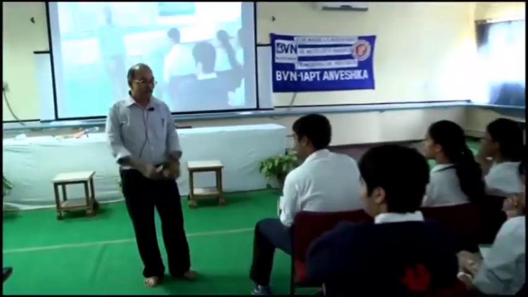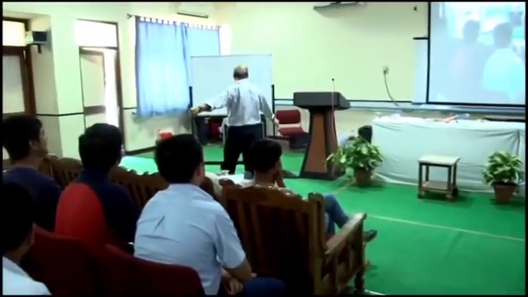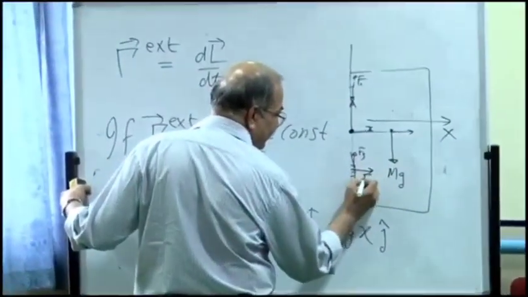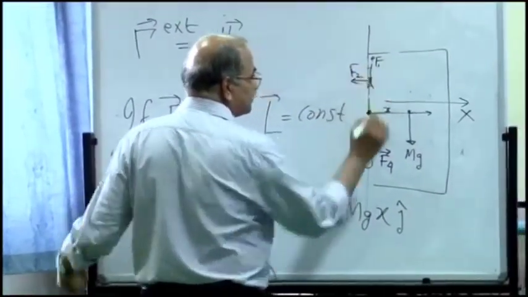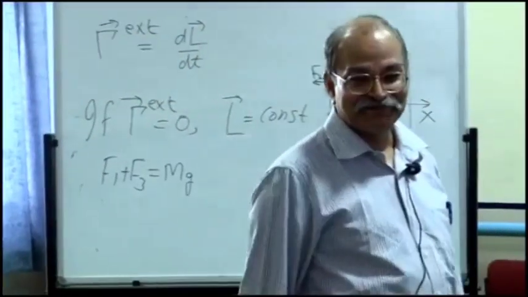It is in rotational equilibrium. How can that happen? Very simple. This F4 is here and this F2 is here, and F2 is equal to F4.